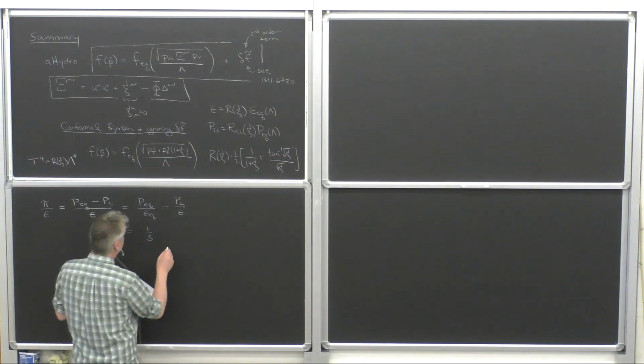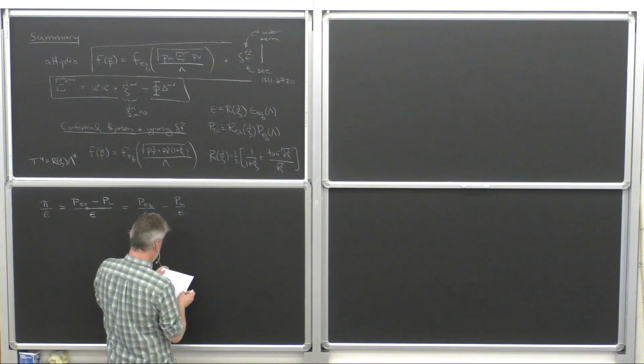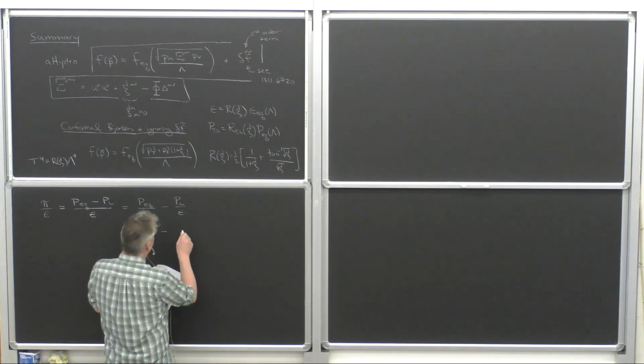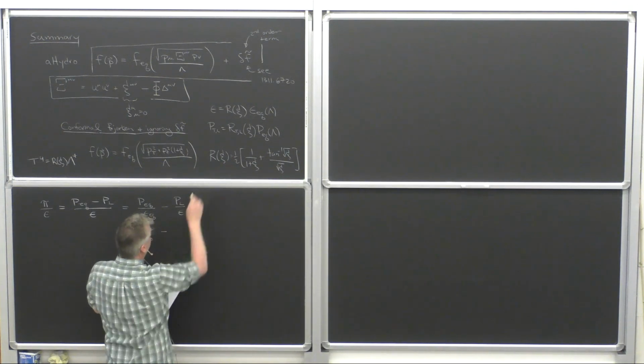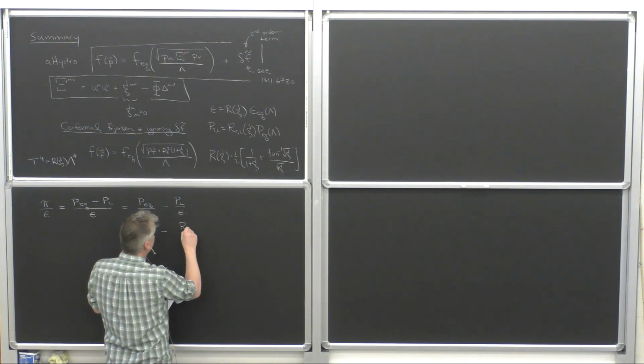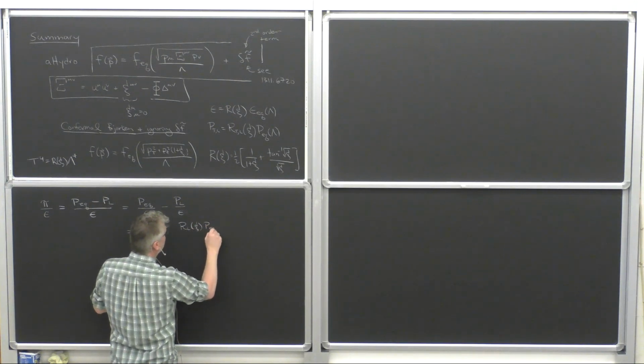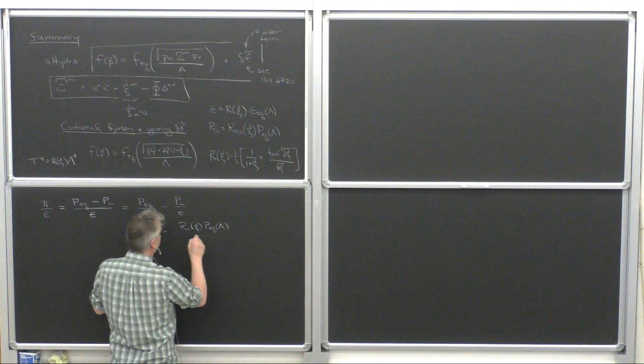And the second term, let's just do this step by step. So I can rewrite PL as RL of QC times PEQ of lambda.